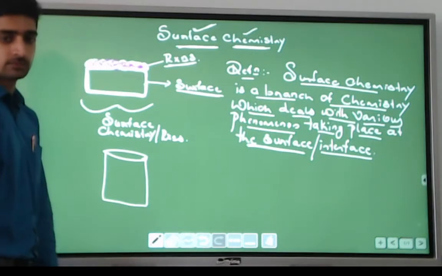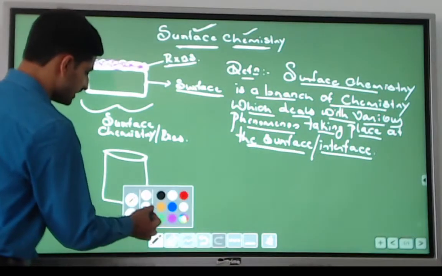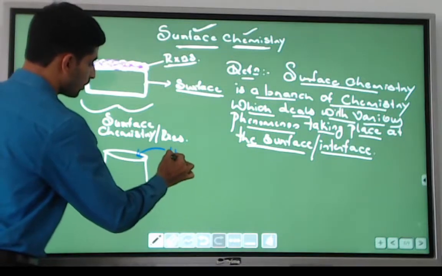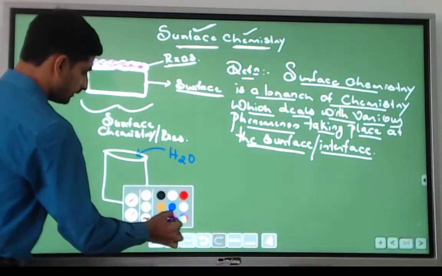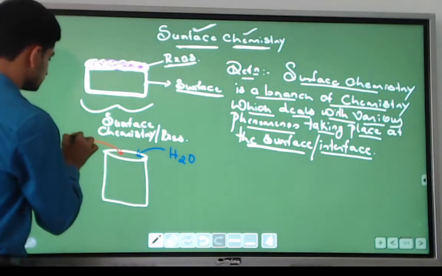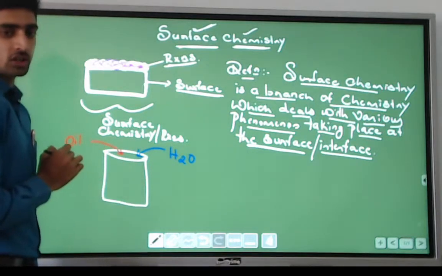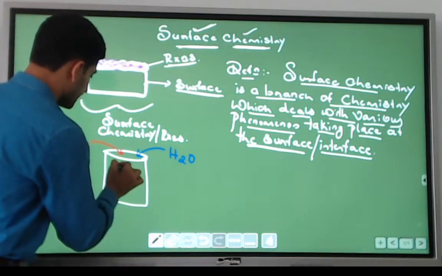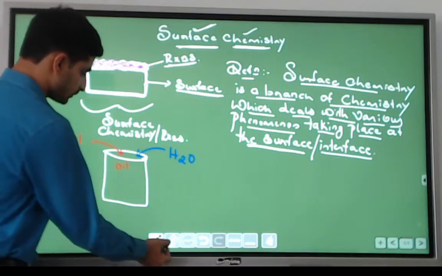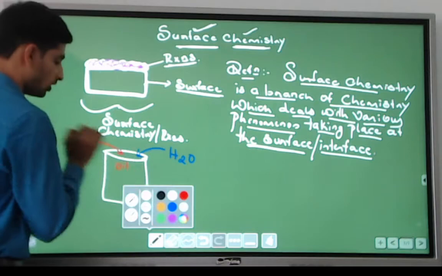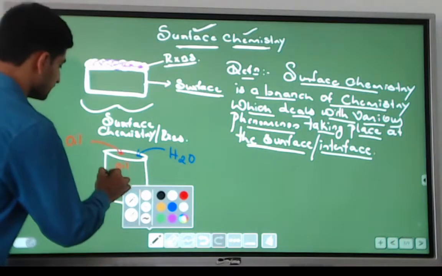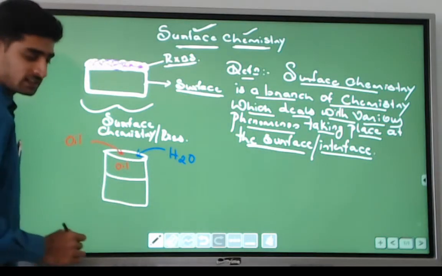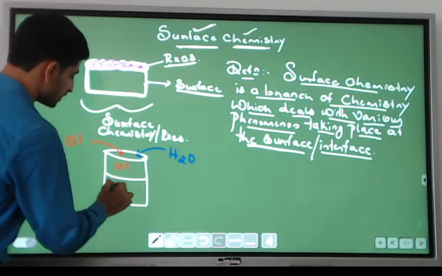In this, I am going to add an equal mixture of water and oil. So what am I adding right here? I am adding oil and water. Due to the presence of fatty acids, oil starts floating on the surface. At the bottom, what you are going to observe is water.